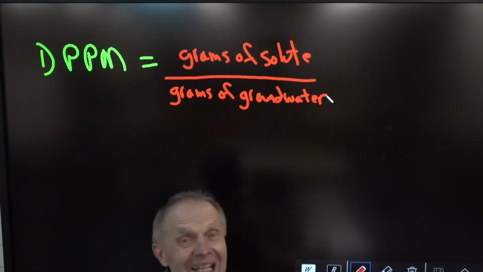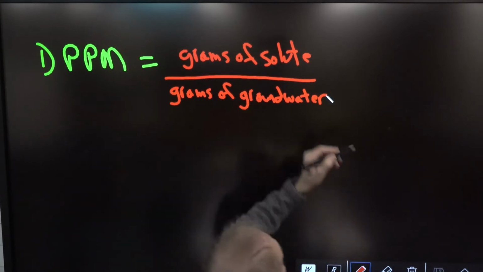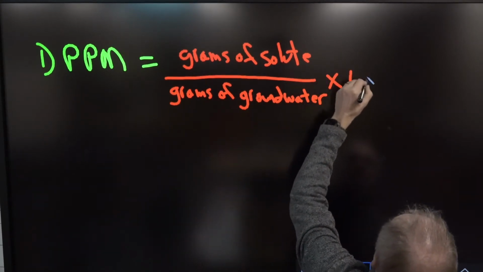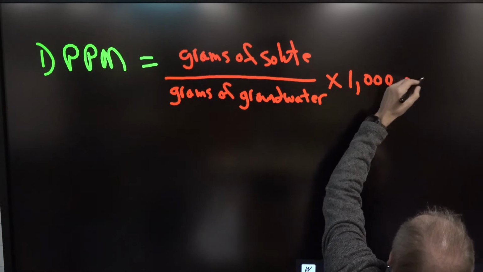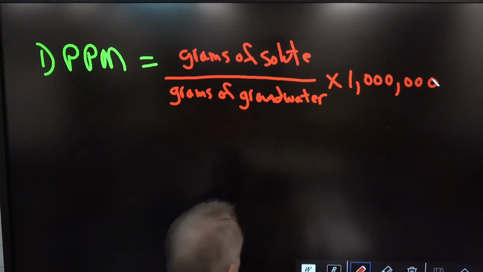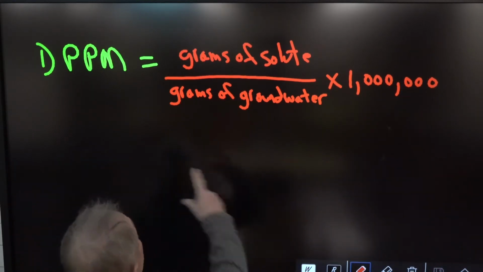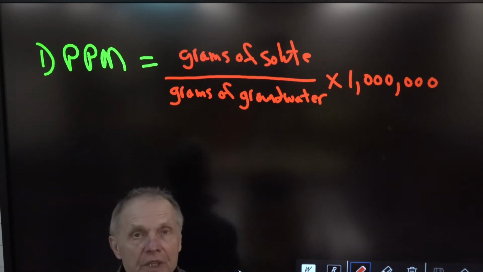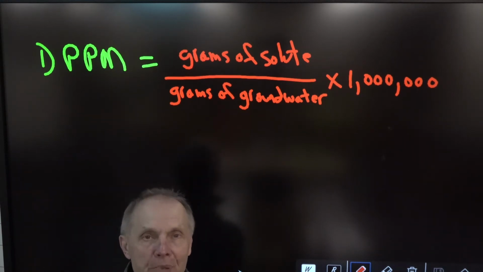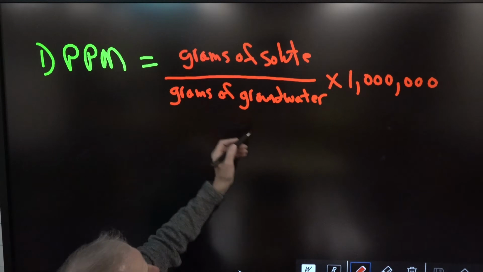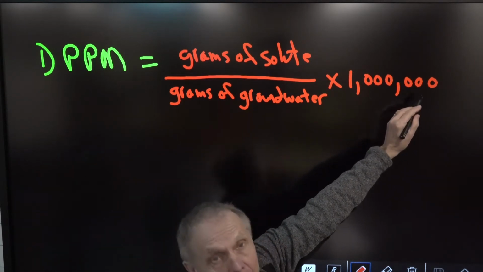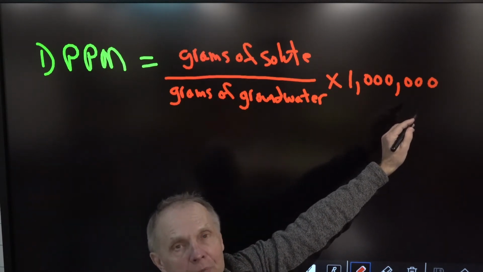And then it's times a million. So this is going to be ppm or parts per million. If you wanted to do parts per billion, it would be the same formula, only adding 3 more zeros over here to get parts per billion.